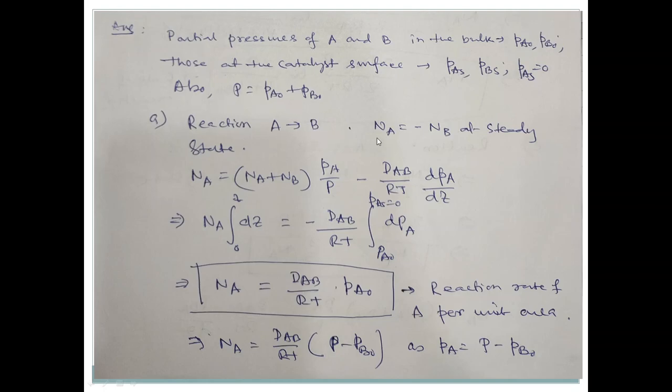The reaction is such that NA equals minus NB at steady state. This is the gas phase, and this is my governing equation. So NA equals minus NB, which cancels out, NA into dz, with DAB, as we did once. Integrating from PA0 to PAS at z equal to delta, where PAS is 0, NA will be RT on this side.